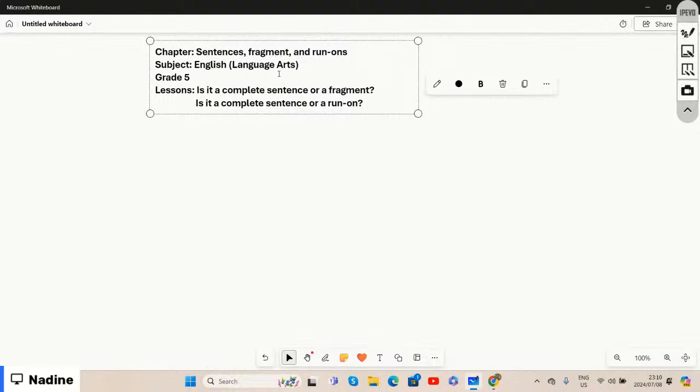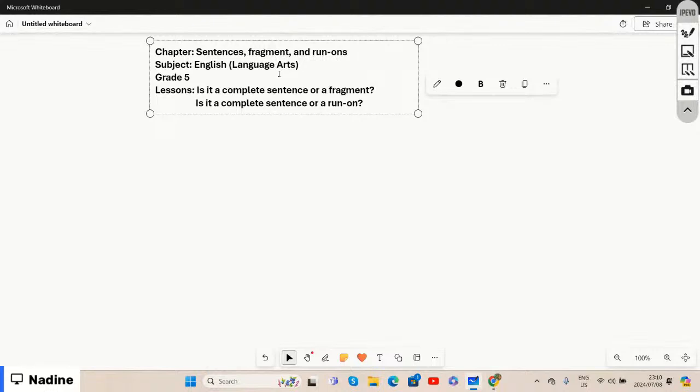And then we have a run-on sentence. A run-on sentence is two or more independent sentences that are either joined with a comma or have no comma, so it just shows one sentence.